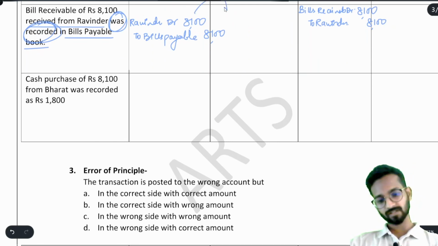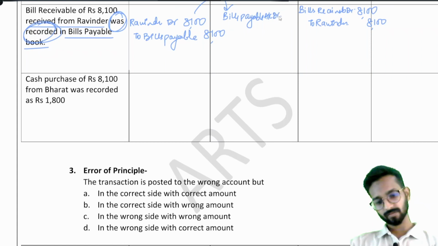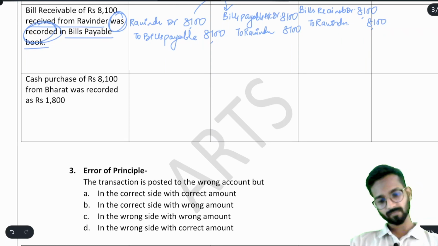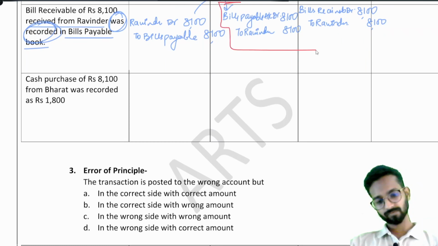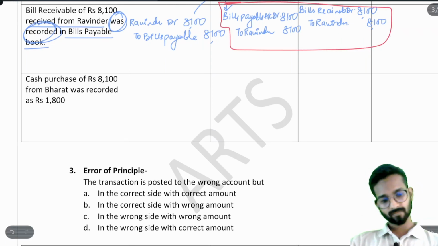First we have to reverse this. So reversing this, it will become bills payable account debit to Ravinder, 8,100. Simple. Adding these two, see, bills receivable, bills payable to Ravinder.